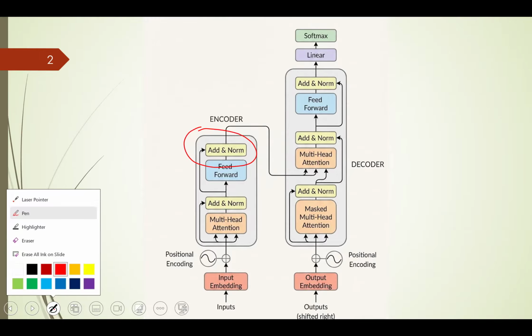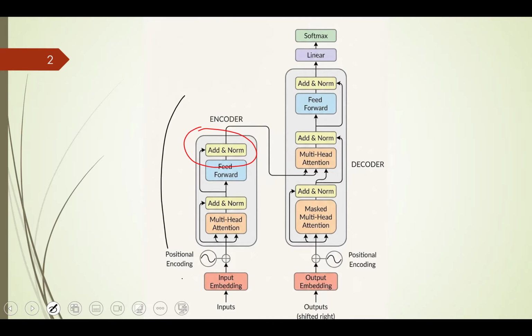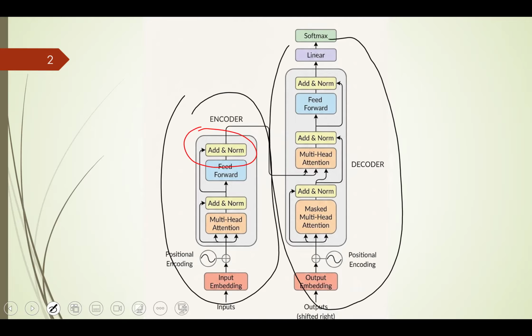Now, just to recap: in part one, we talked about the encoder and decoder in brief. In part two, we explained positional encoding and input embedding. In part three, we talked about multi-head attention, and in part four, add residual and normalization.